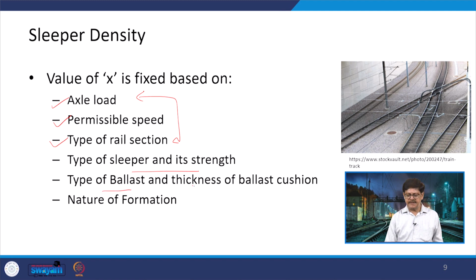Type of the ballast and the thickness of the ballast cushion provided below the sleepers will also govern what the value of x should be. And finally, at the bottommost level, the formation is provided. What is the nature of that formation? Is it a yielding formation, or a formation which can take up the loads very easily? That will also define whether we need to provide more sleepers or fewer sleepers respectively.